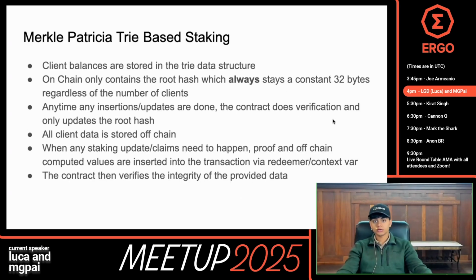So let's talk about how this integrates into staking. Client balances are stored in this trie-based data structure, and on-chain, in the contracts itself, only the root hash is stored. Remember, the root hash is a fixed size string of 32 bytes, because it's a hash.